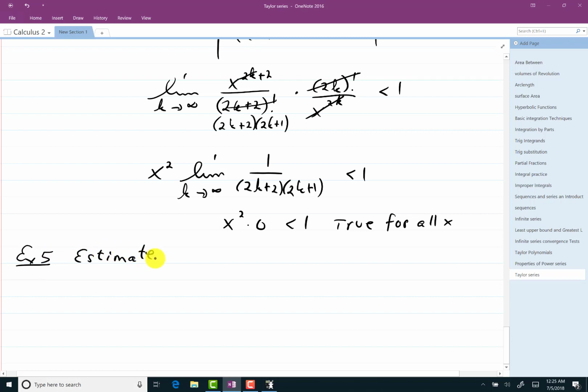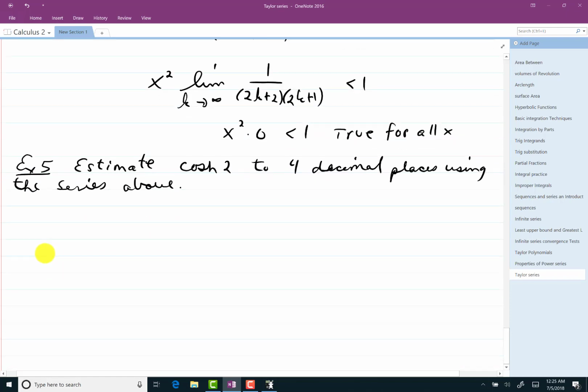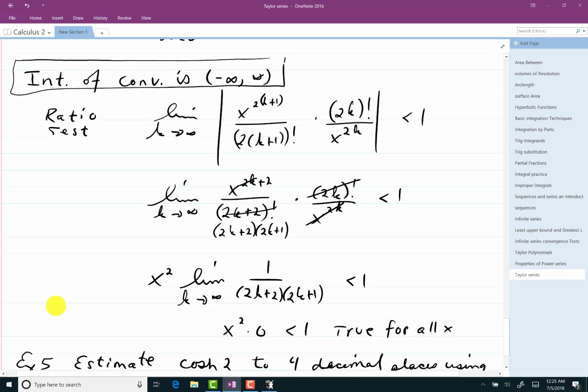Estimate cosh of 2 to 4 decimal places using the series above. So cosh 2, let me go back to the series. What was that?